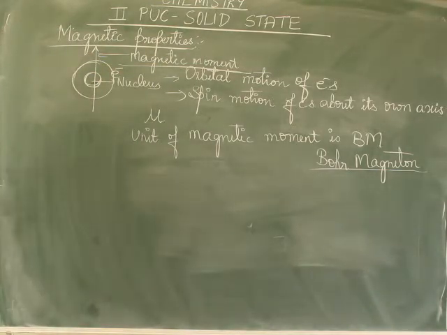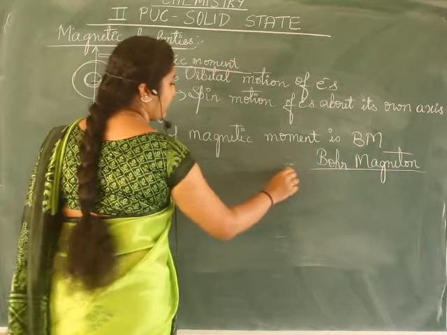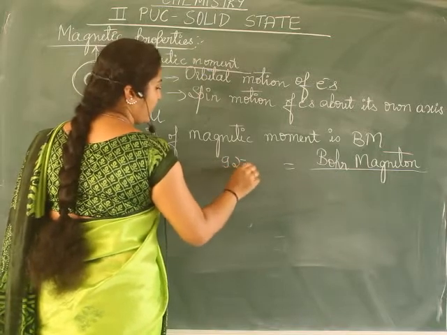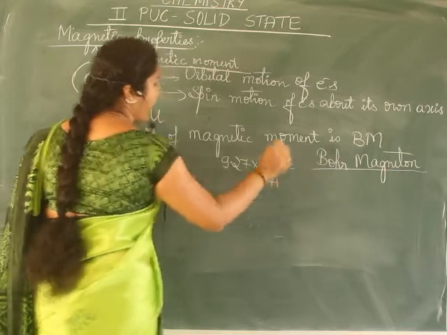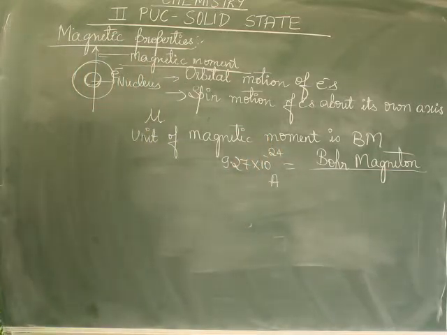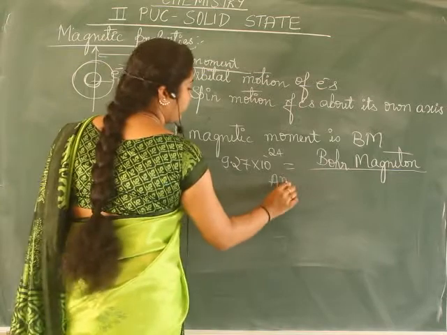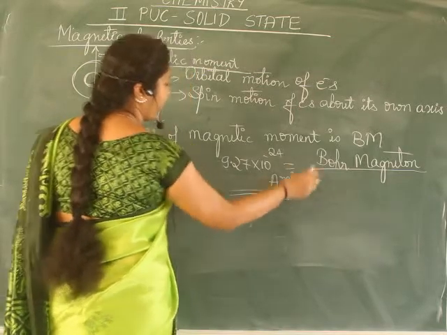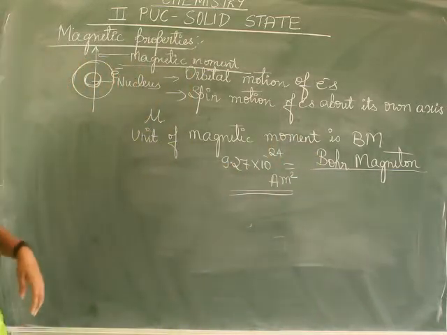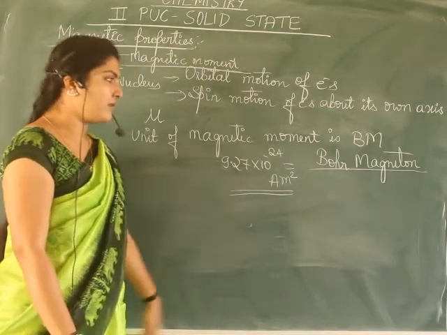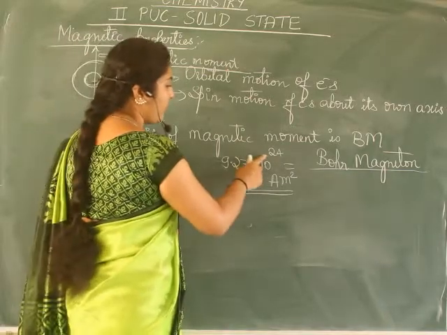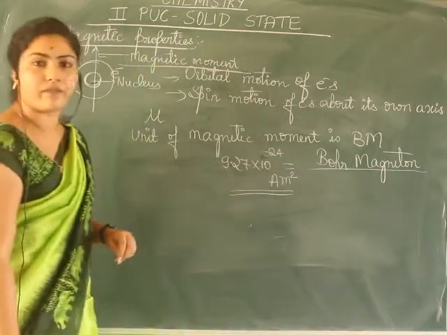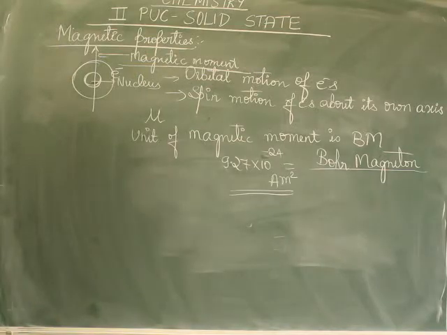The value of the Bohr magneton, which is a constant, is 9.27 × 10^-24 ampere meter square. Hope it's clear.